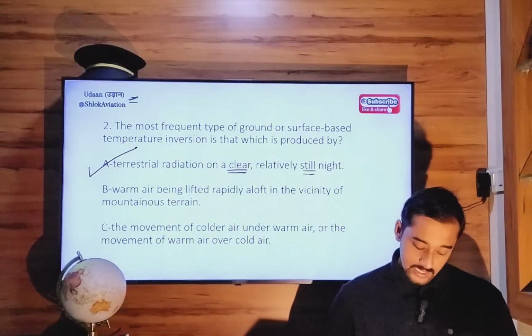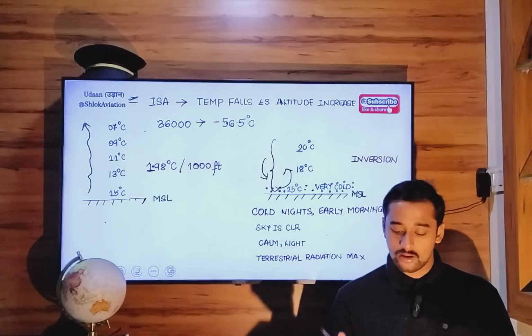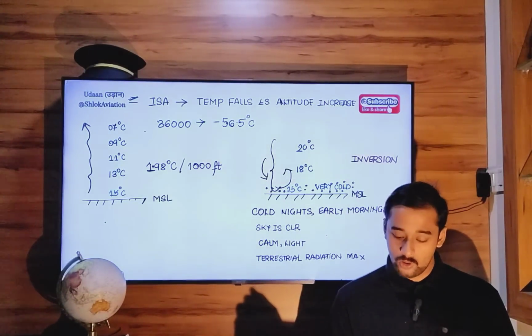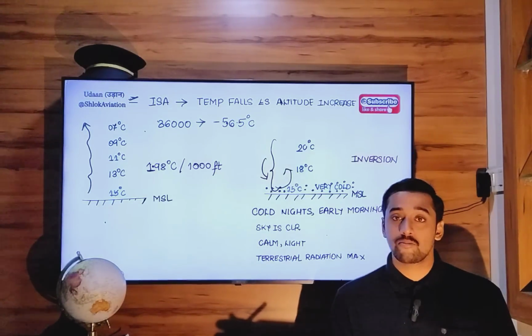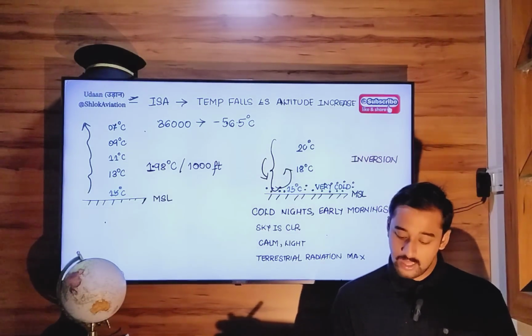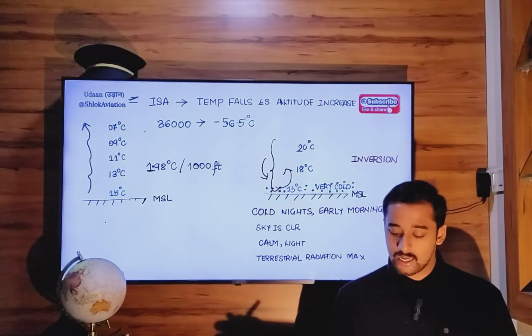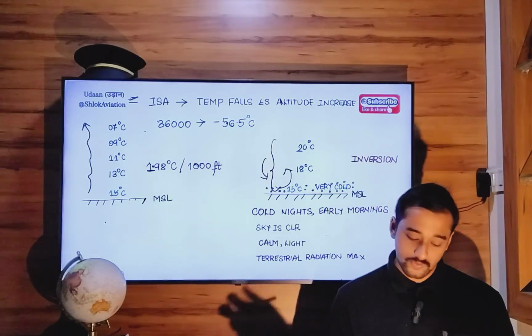You need cold nights, early mornings when temperatures are very cold, clear sky so that terrestrial radiation doesn't get blocked by clouds, and calm, light, slow-moving winds, and hence terrestrial radiation reaches its maximum value.